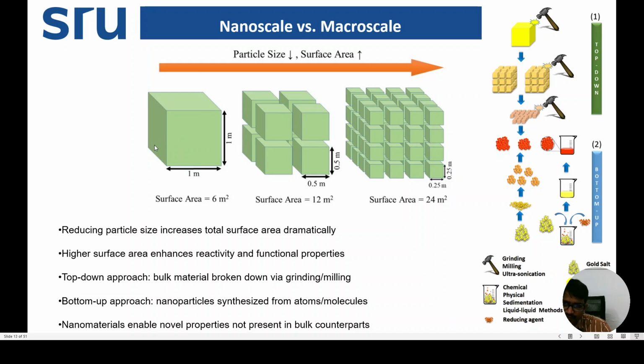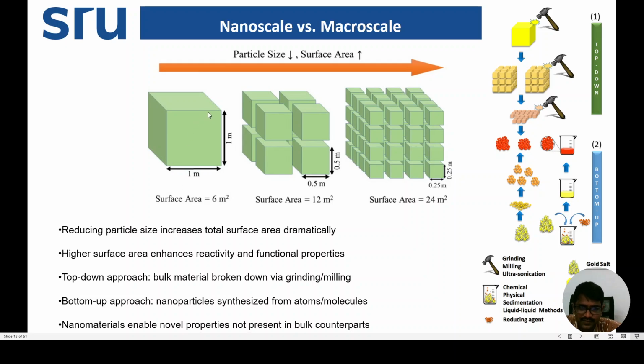Did we add anything? No, we took the initial cube with a surface area of 6 meter square. We cut the same cube into 8 cubes, the surface area is 12 meter square. Into these many pieces, the surface area becomes 24 meter square. Why does the surface area increase for the same object? Reducing particle size increases total surface area dramatically.